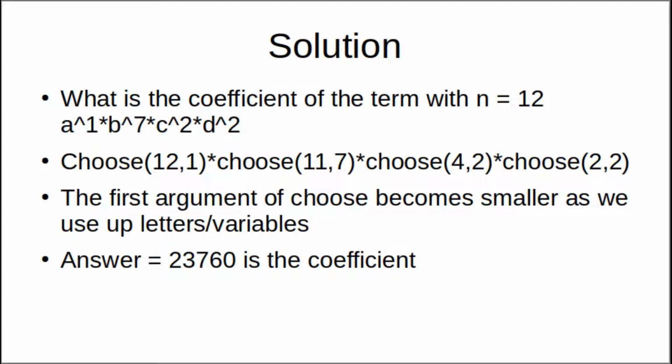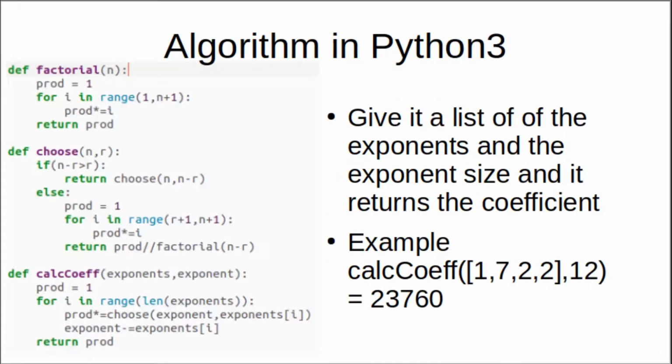And lastly, we have the 2 slots left, and there's 2 D's, so 2 choose 2. Multiplying all these together, we get 23,760. That's the coefficient. I've made an example algorithm in Python 3 where you give it a list of the exponents and then the actual exponent, and then it will calculate the coefficient.